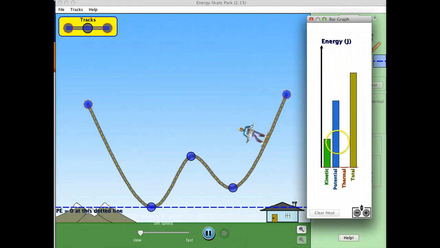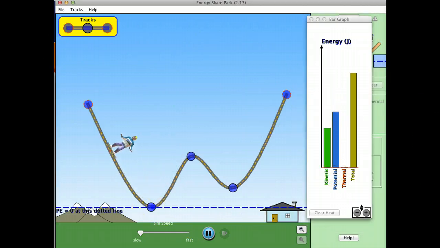So you can follow just one of these bars and say, where is the potential energy the lowest? It's lowest at this point. Potential energy is based on position. He's at the lowest point here, and therefore that's his lowest potential energy. We also know that because this dotted line represents potential energy. Kinetic energy is the energy of movement.